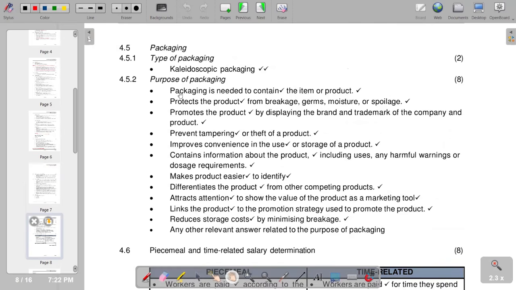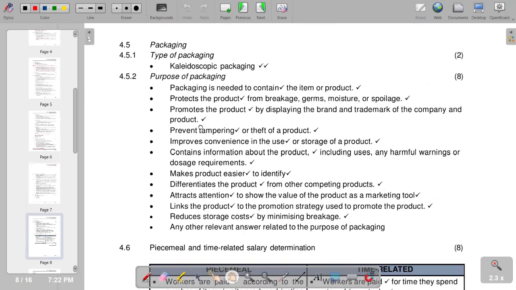Moving on, we have packaging. The type of packaging that we have here is kaleidoscopic packaging, and then the purpose of packaging. These are the points that we have.